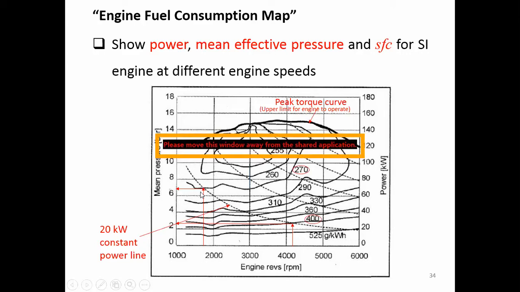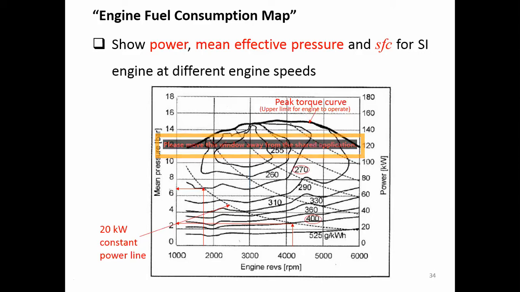And what is the dotted line here? This is the line of constant power. It starts from 20, so this is a constant 20 kilowatt power. If it starts from 40, it is a constant 40 kilowatt power. What I want to show you on this map is this: for constant power, let's say 20 kilowatt, you can have many running conditions of your engine.